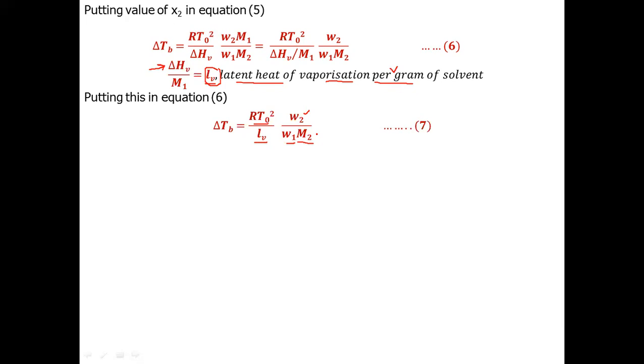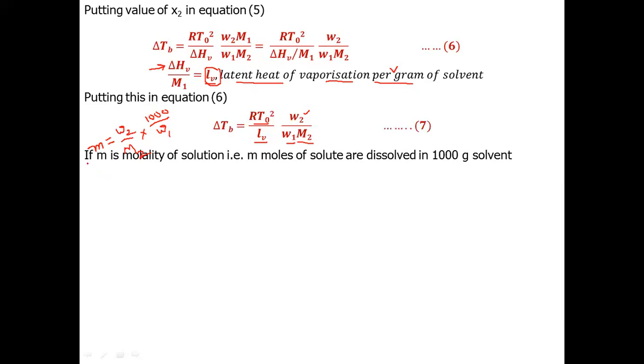Now, but we require molality. Remembering the formula of molality, molality is given by the weight of solute divided by the molecular weight of solute, which gives the number of moles of solute, multiplied by 1000 divided by the weight of solvent in grams. We will use this later. Now suppose m is the molality of the solution, that is, m moles of solute are dissolved in 1000 gram of solvent.